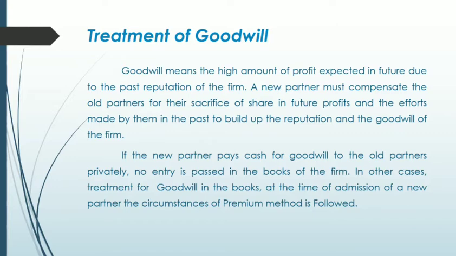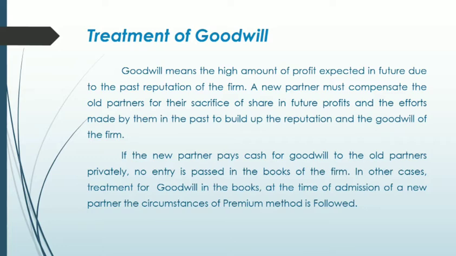As we have seen on the last slide, the new partner is bringing an amount of goodwill. That goodwill means the high amount of profit expected in the future due to the past reputation of the firm. It means the goodwill is the past reputation of the partnership firm, brought by the new partner.